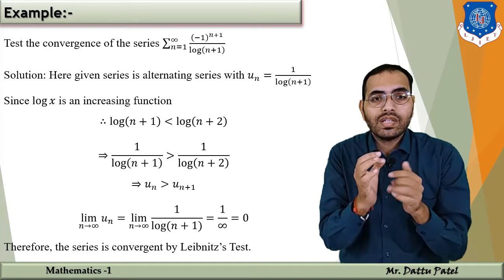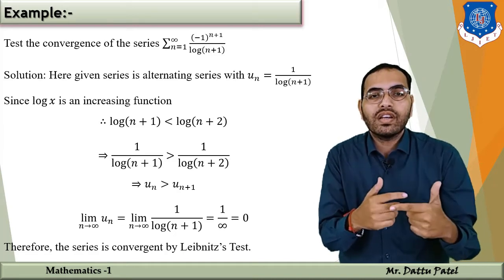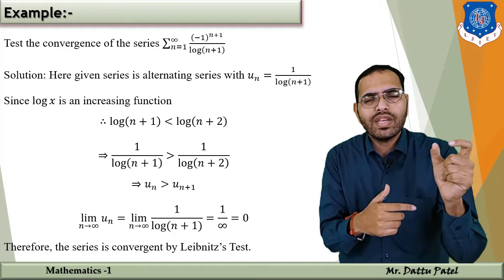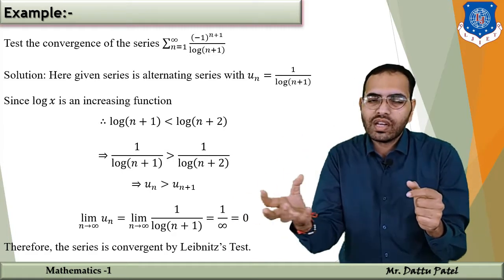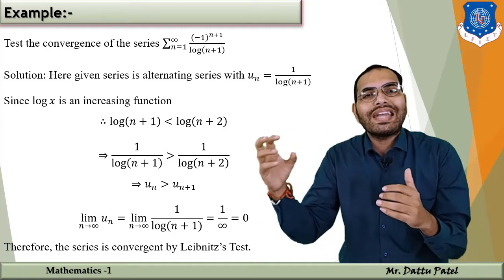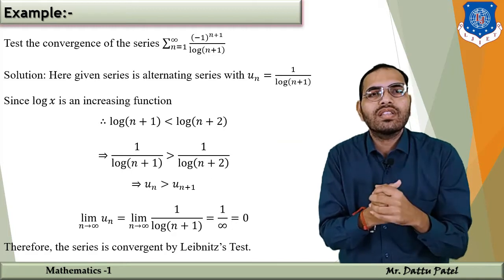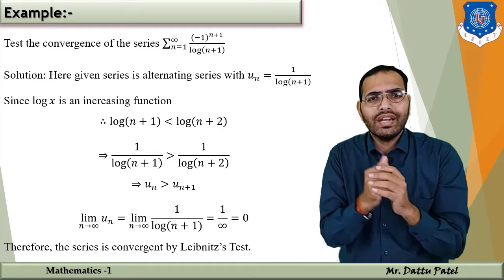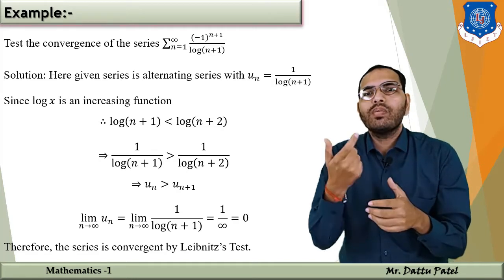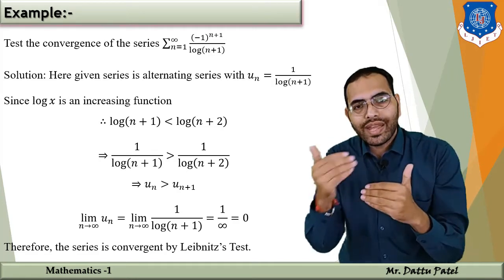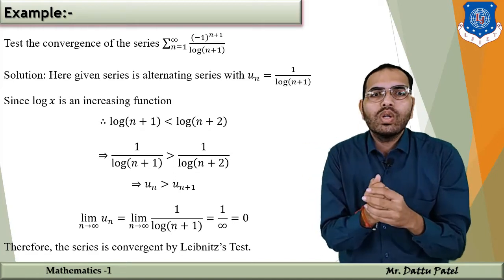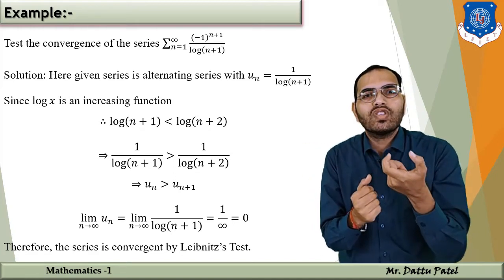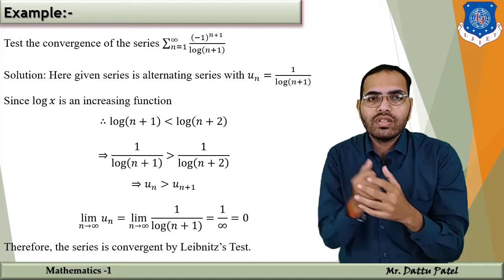The first condition is that each term is numerically less than its preceding term, meaning our series is in decreasing form. And the second condition is limit n tends to infinity of un equal to 0. Let's see the first condition. The denominator has log n plus 1. The next term is log n plus 2, and log n plus 1 is obviously less than log n plus 2.